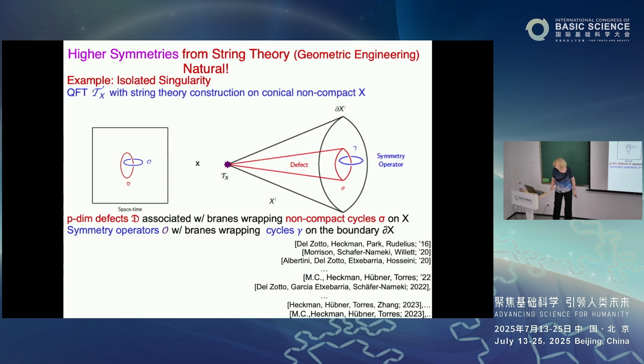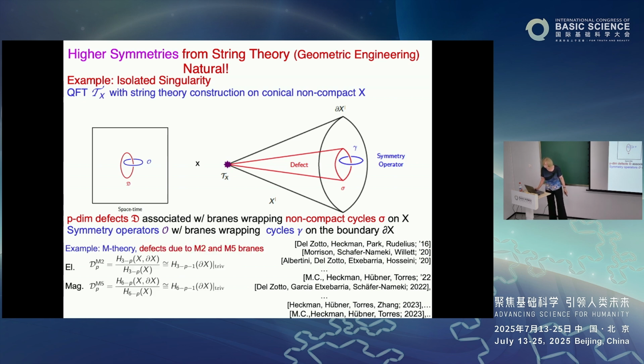has more of a recent history. And for the example, say, of M theory, it is associated with M2 branes or M5 branes wrapping, for the defects, these non-compact cycles that are quantified. The defect group is quantified by relative homologies of that type.